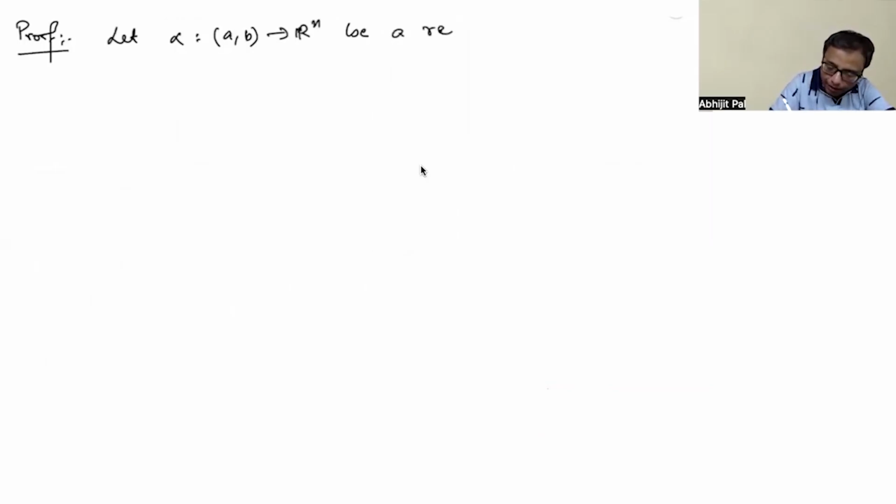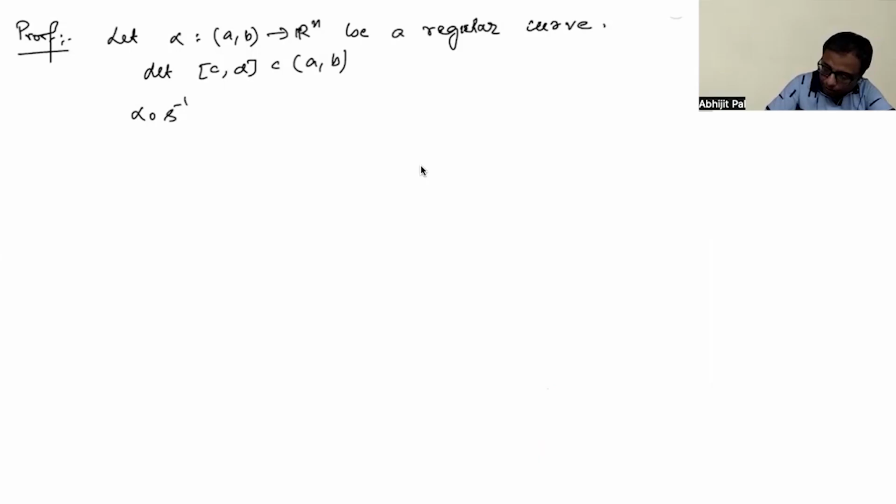And so this alpha compose S inverse is in fact a map from the length of alpha restricted to CD to this closed interval CD.